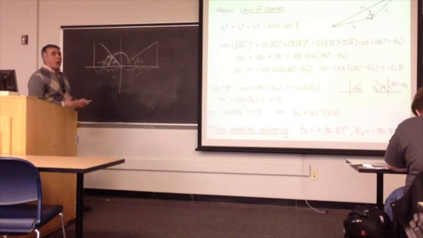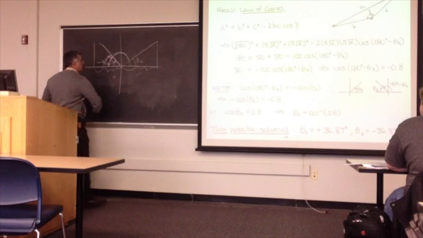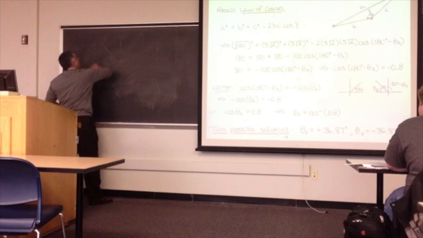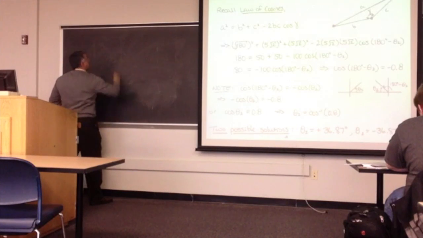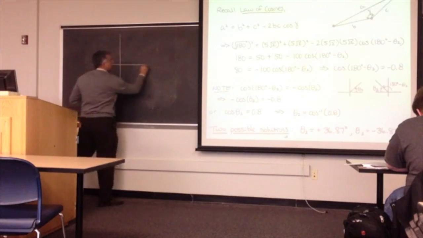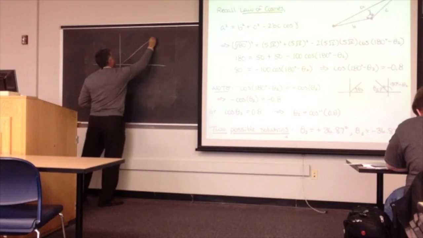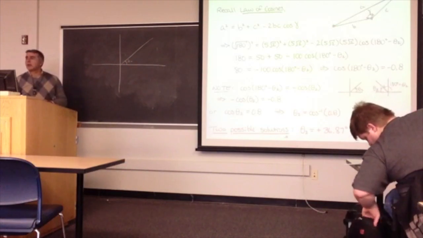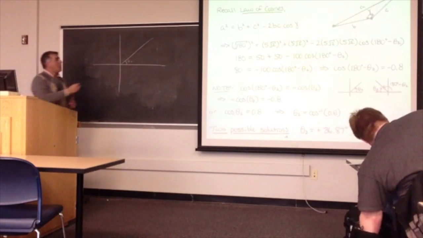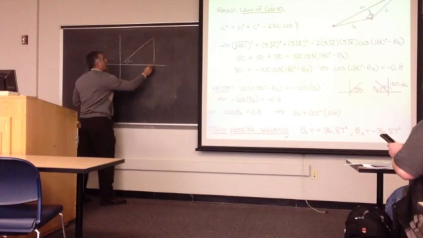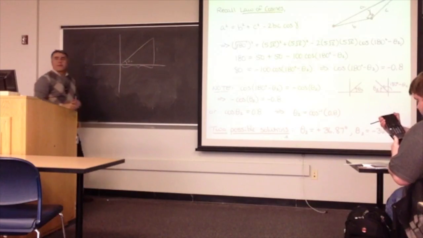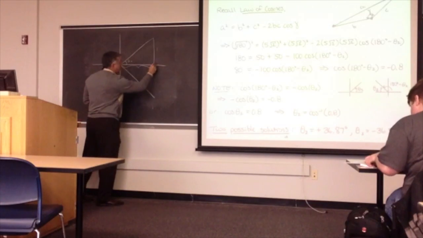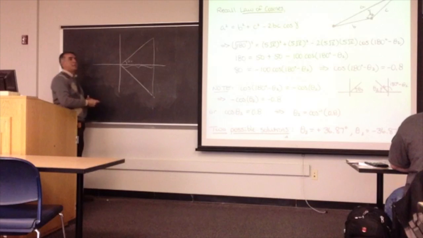So why is that? Because if this is your theta 2, right? If this is your theta 2, and this is the side for you finding your cosine, you can find another angle which basically gives you the same thing.